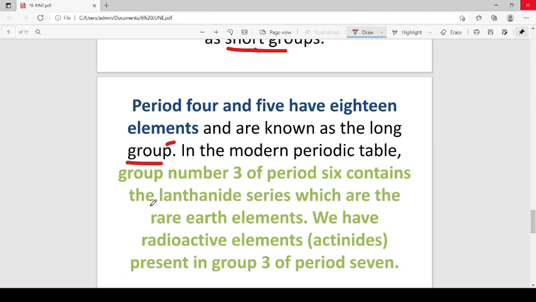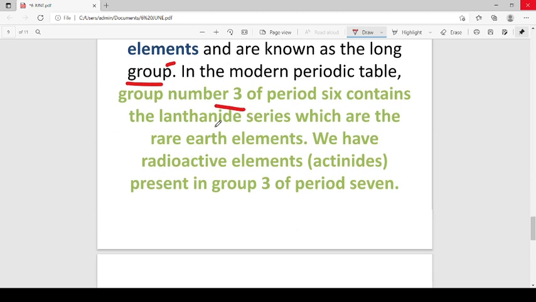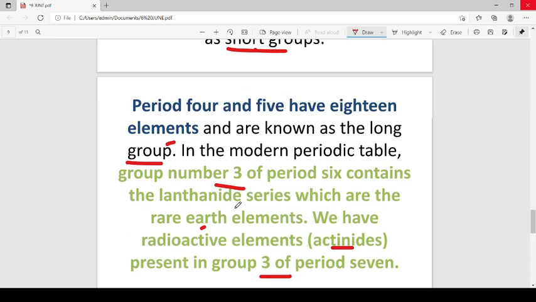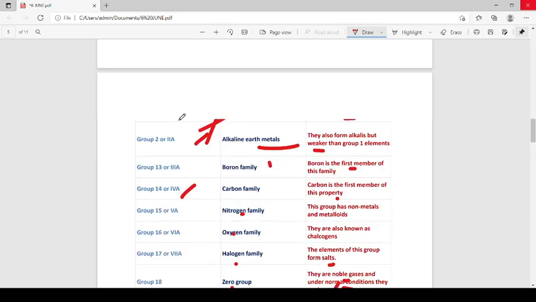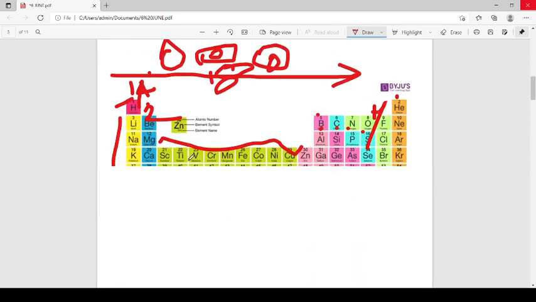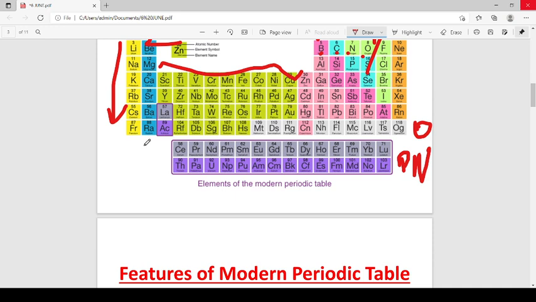In the modern periodic table, group number 3 of period 6 contains the lanthanide series, which are the rare earth metals. We have radioactive elements called the actinides present in group 3 of period 7. The series which is present below the periodic table, you can see, is the lanthanide and actinide series.